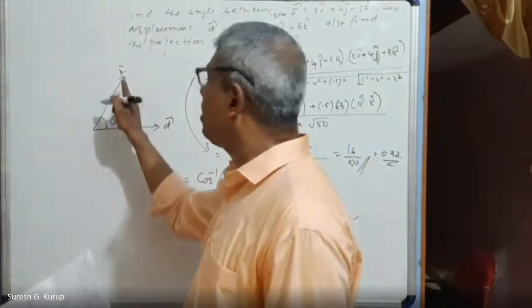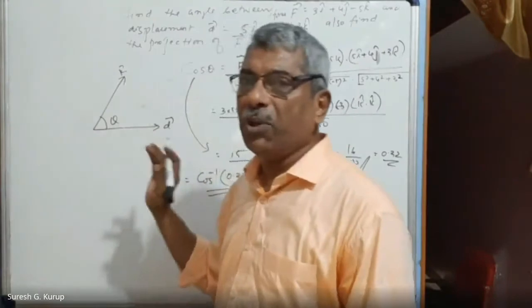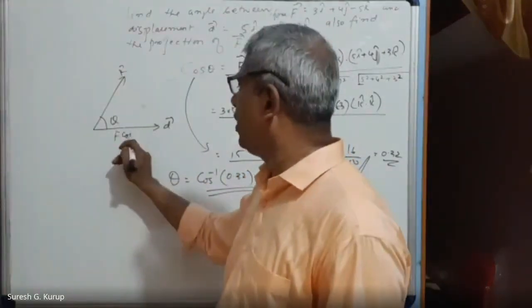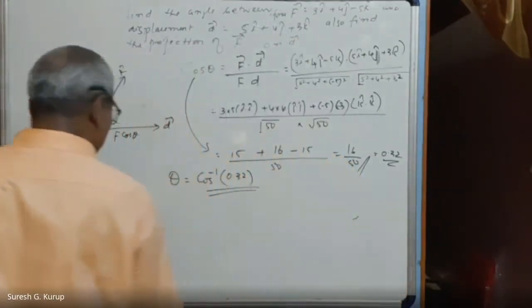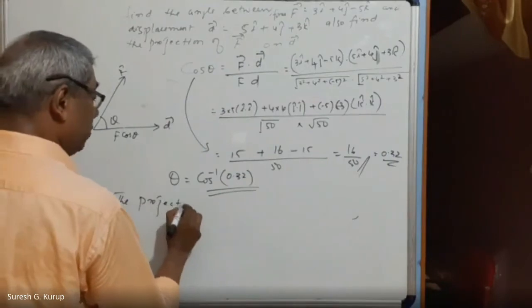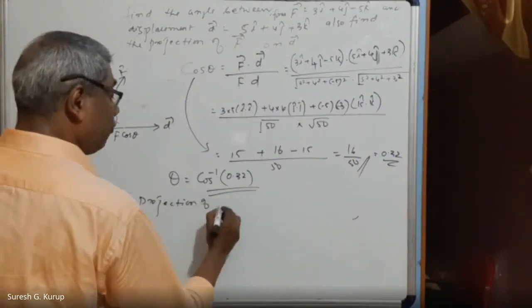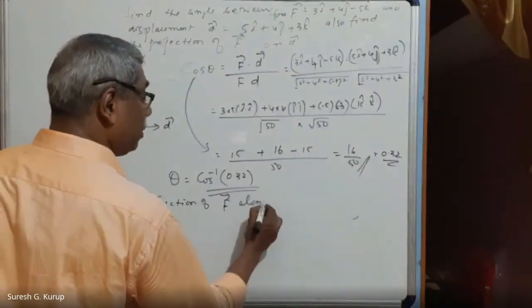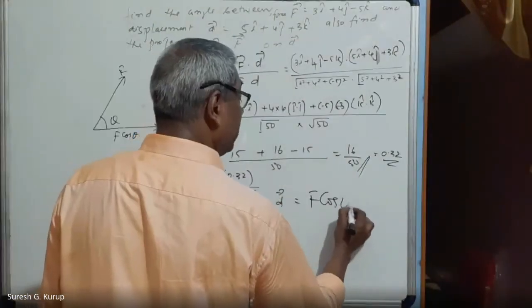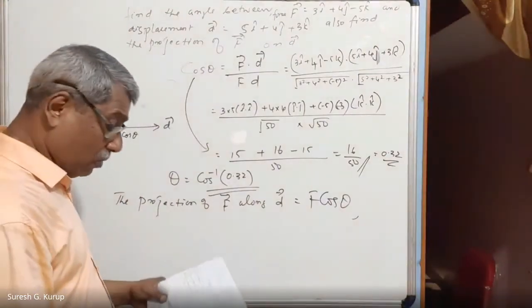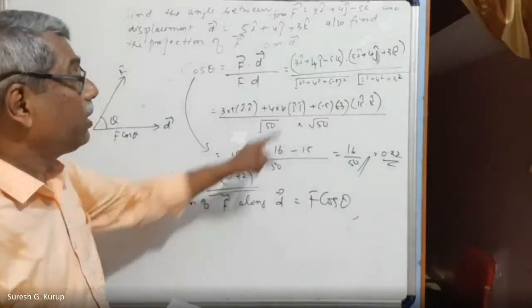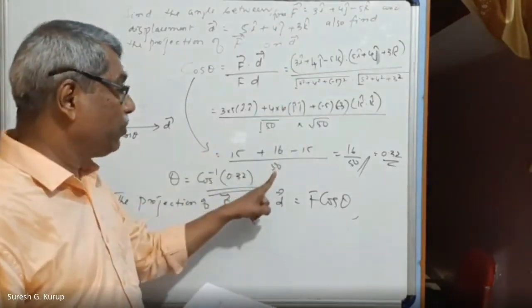In physics, it is called the projection of vector F along D, which is F cos theta. So we will write: the projection of vector F along vector D is equal to F cos theta.